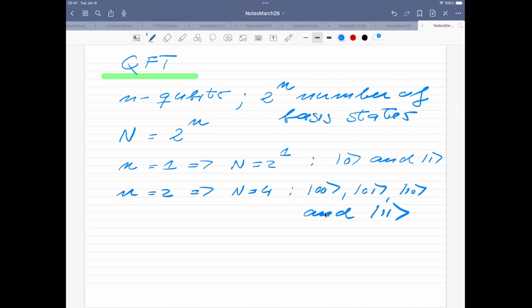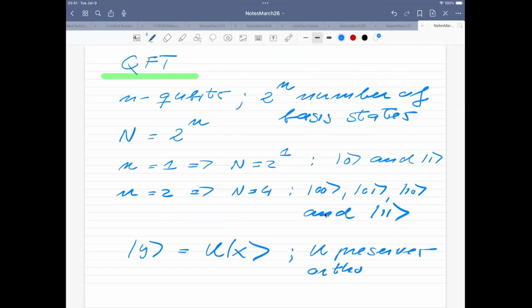Also, these transformations which we are going to look at, y as a function of U of x, are going to be transformations which preserve orthogonality. So U preserves orthogonality. And it's also, in our case, going to preserve the norm.